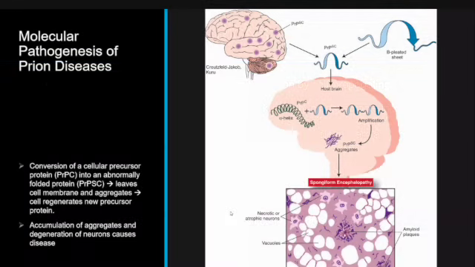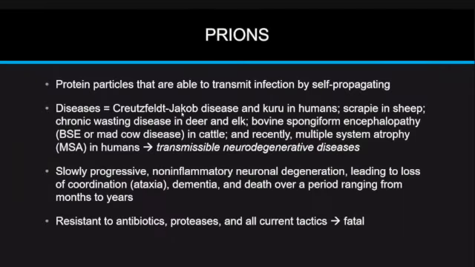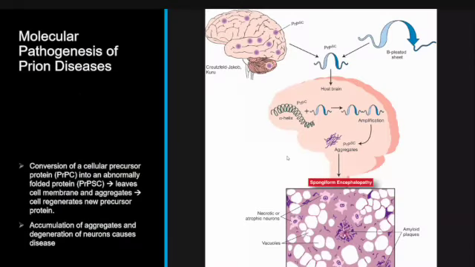Now, the most recent pathology, what they're theorizing occurs, is that we actually have normal prion proteins on our cell membranes. What happens is you get exposed, whether by eating contaminated, improperly cooked meat, or in the case of animals, drinking from a contaminated water source. And these abnormally folded prion proteins get into the brain.